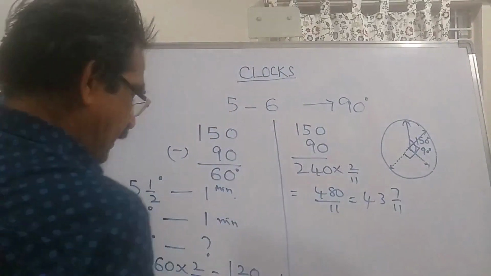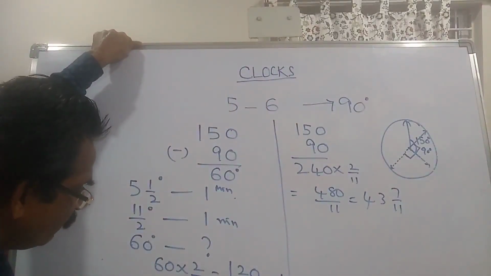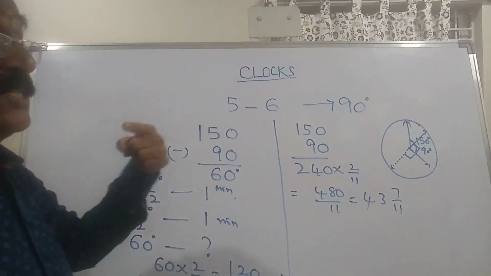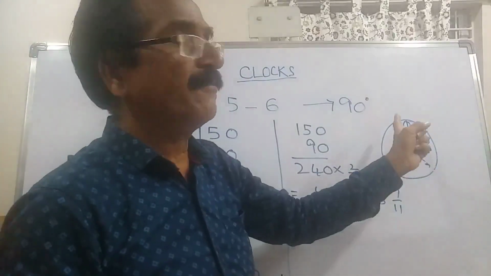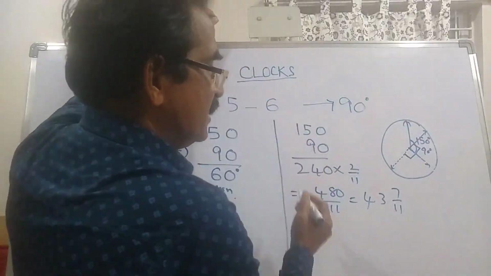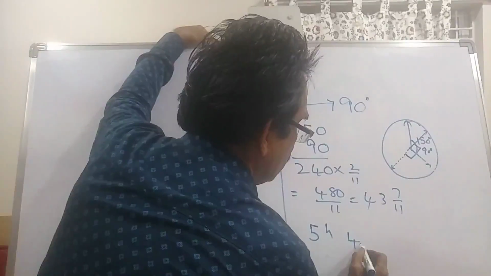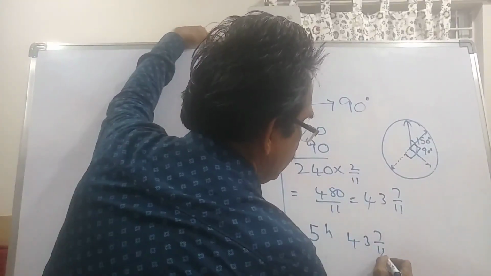So the first time is 5 hours 10 by 11 minutes, and the second time, after crossing the hour hand, is again at 5 43 7 by 11.